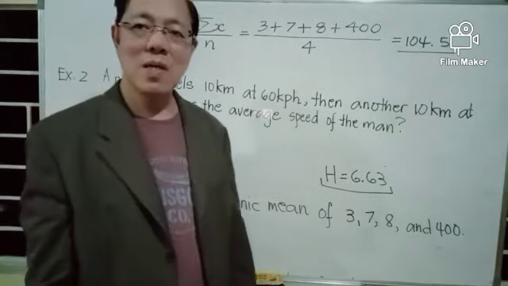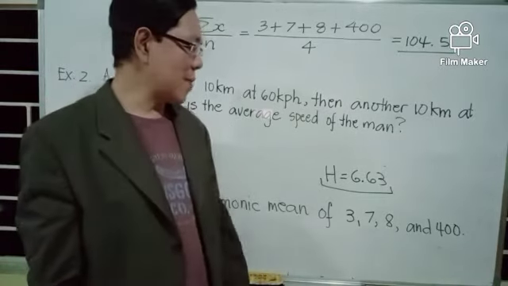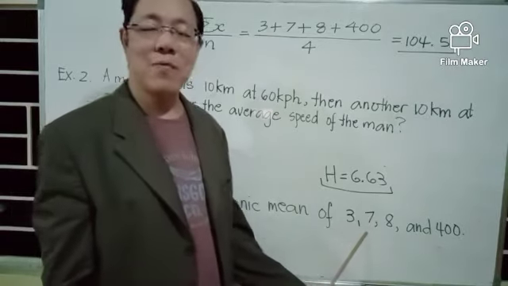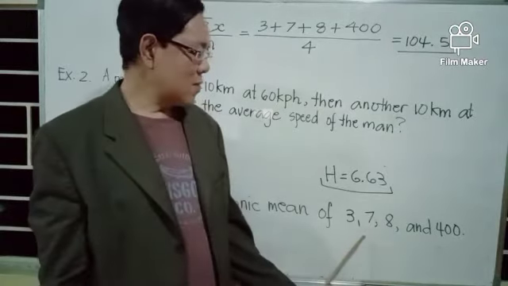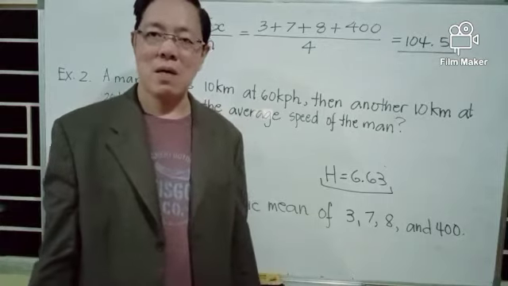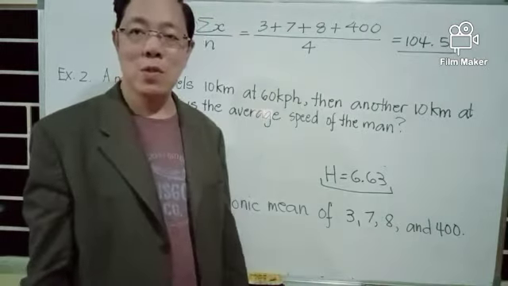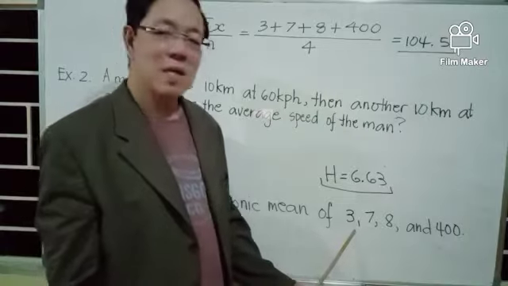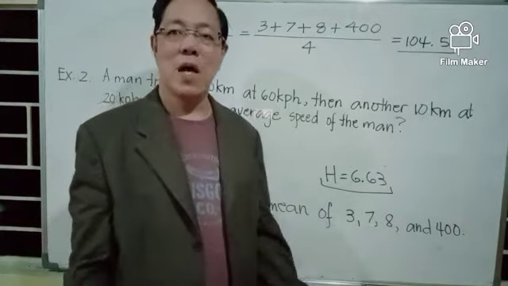Now, suppose we compute the geometric mean of the set of 4 values. Because we have 4 values in this set, the geometric mean would be the 4th root of the product of 3, 7, 8, and 400.